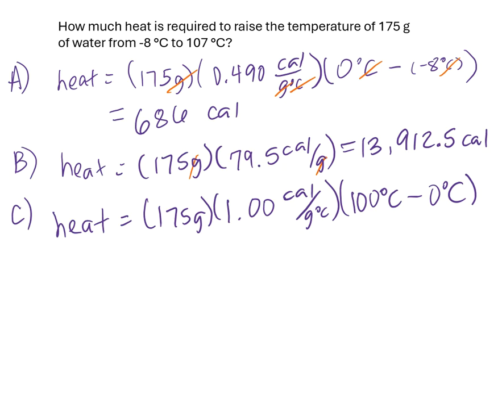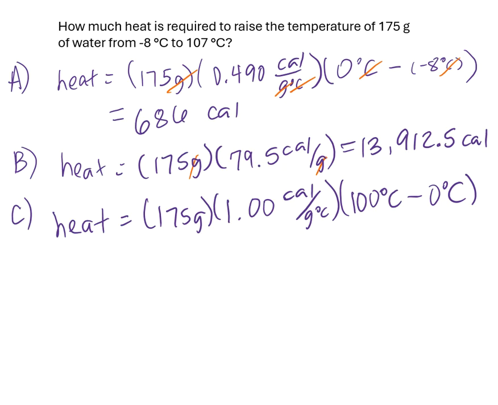Because remember, once the fusion took place, we were then in the liquid phase. And so we're trying to get to 107, but once we reach 100, we're at the point in which it's going to start vaporizing. So we're only in the liquid phase from 0 degrees Celsius to 100 degrees Celsius. And so that's why these are the values being used for the delta T.